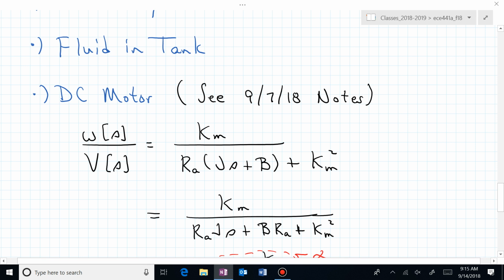And this is what we derived in the notes earlier this semester. And it's connecting the motor constant, the armature resistance, the rotational inertia of the motor, and the damping in the motor. But really, if you look at that, what power of s is in the denominator? 1. This is a first order system.